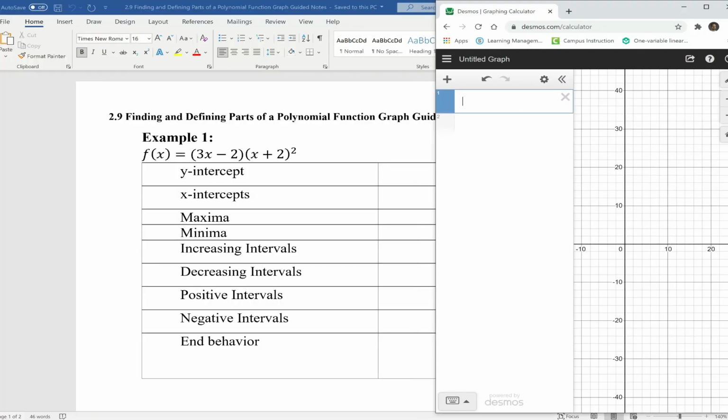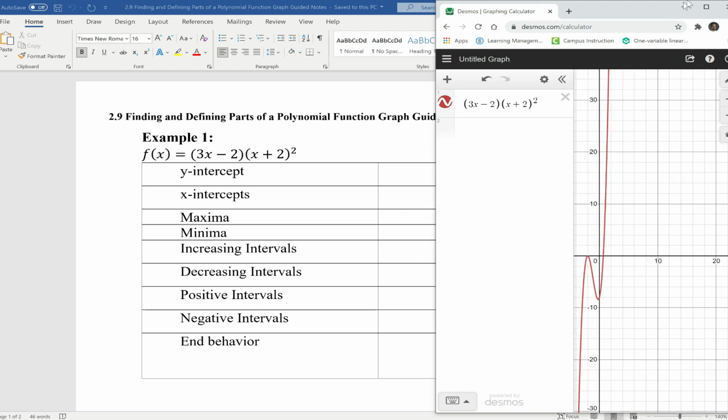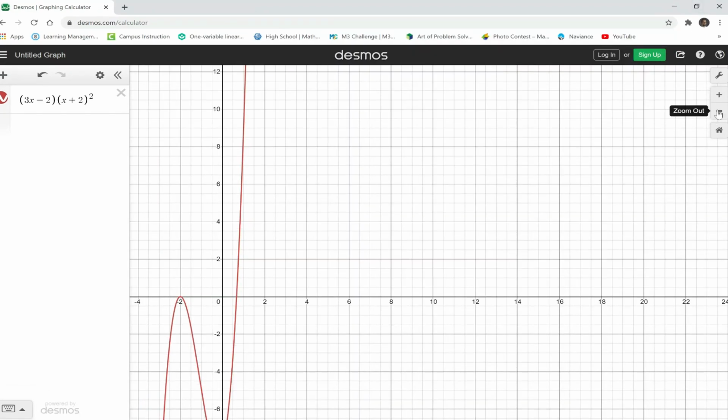So let's first type into Desmos the function 3x minus 2, close your parentheses, (x plus 2), and we're going to square it. Okay, let's zoom in a little bit.